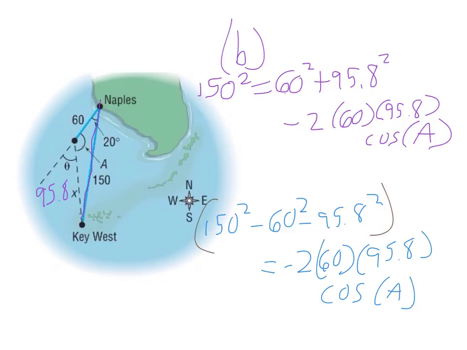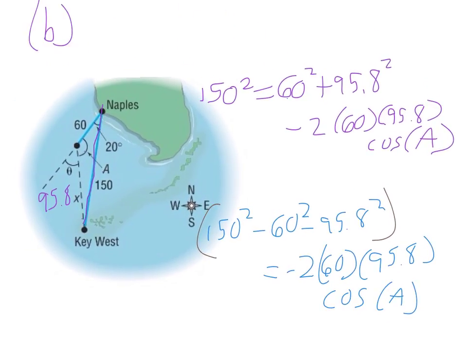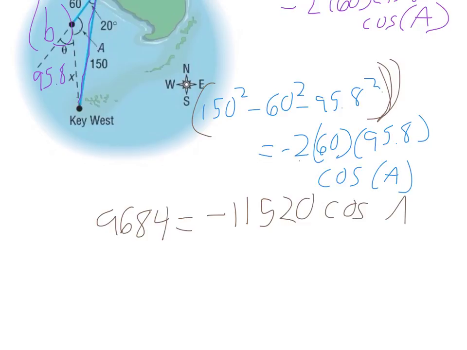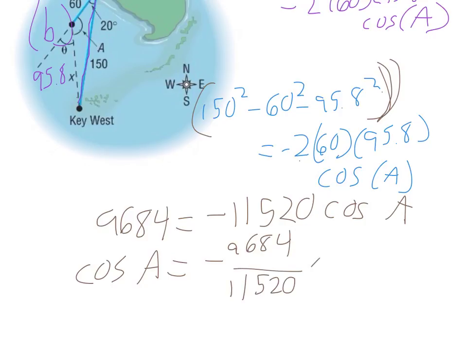So, the left-hand side, which is this part, if you type it in your calculator, the side in parentheses in brown simplifies to 9,684, and the minus 2 times 60 times 95.8 should simplify to about negative 11,520 times the cosine of angle A. So cosine of A is equal to negative 9,684 divided by 11,520, which is approximately negative 0.8406.